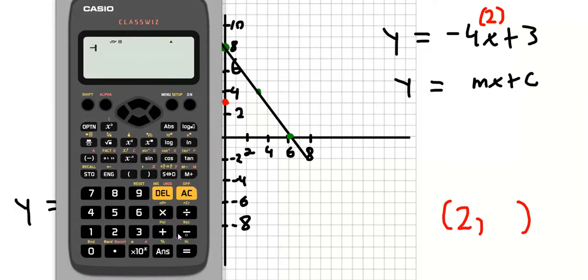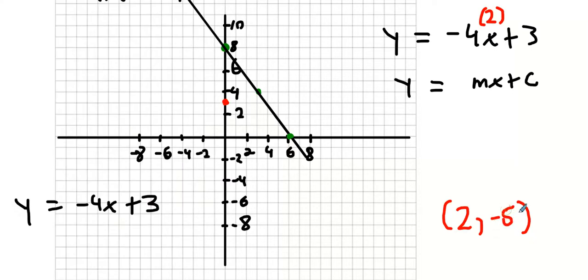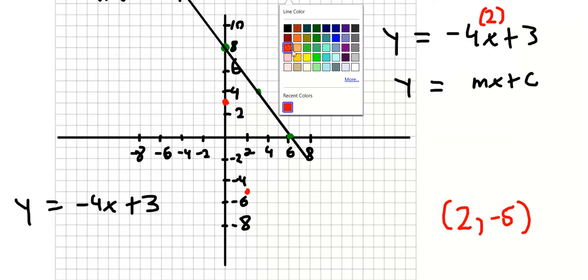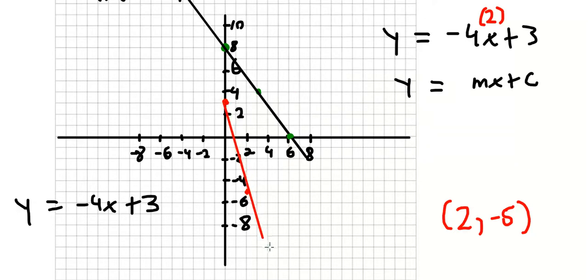And what you're just going to do is minus 4 times 2 plus 3. And what you get? Minus 5. So 2, minus 5. Draw that. Where's 2, minus 5 located? 2 across. The second red dot, yeah? And all of a sudden, you have your second red line drawn, don't you? Would everybody be cool with that?